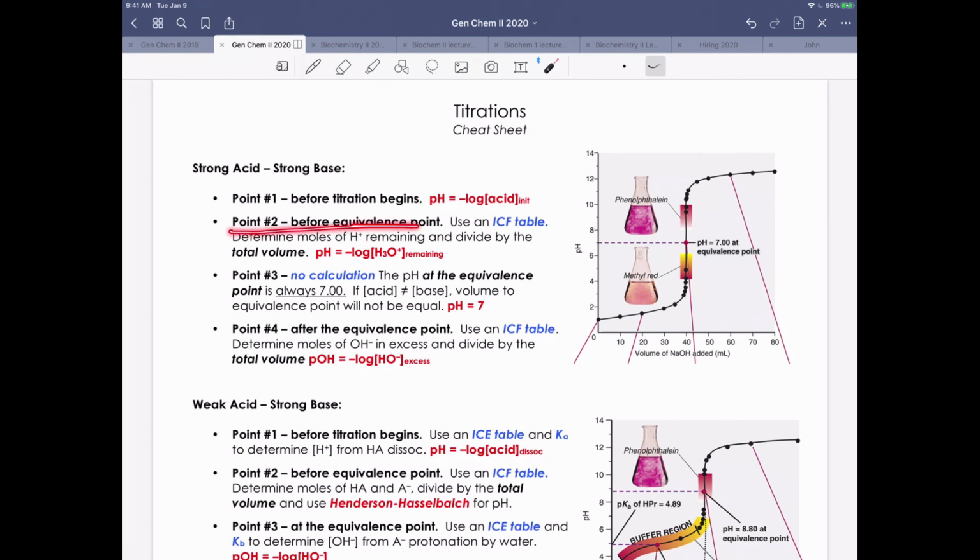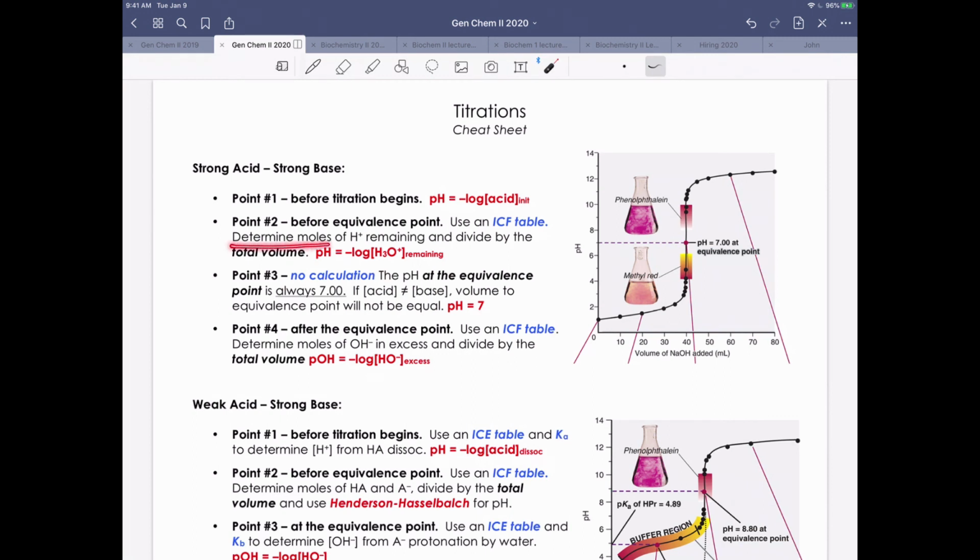Before the equivalence point, what that means is when we add our titrant, it's not going to be in excess. We're still going to have some of the strong acid in our beaker being in excess. We can use an ICF table to figure out exactly how many moles are in excess, because the hydroxide added from our burette in this case is going to be the limiting reagent.